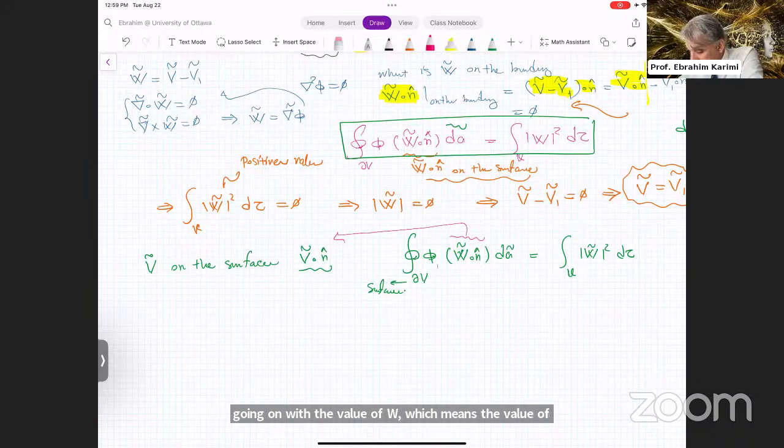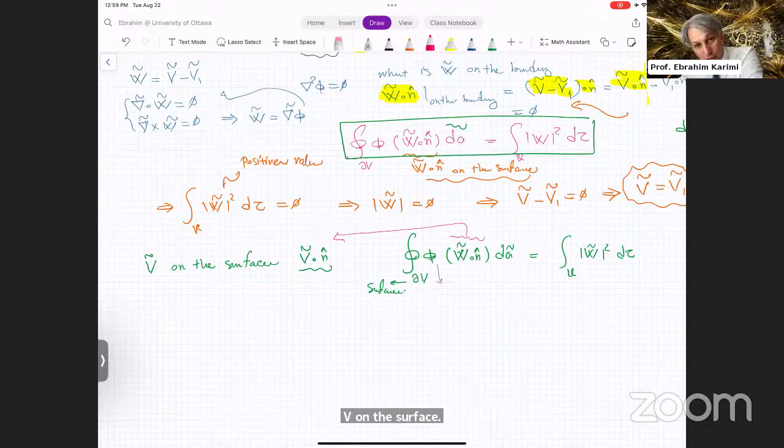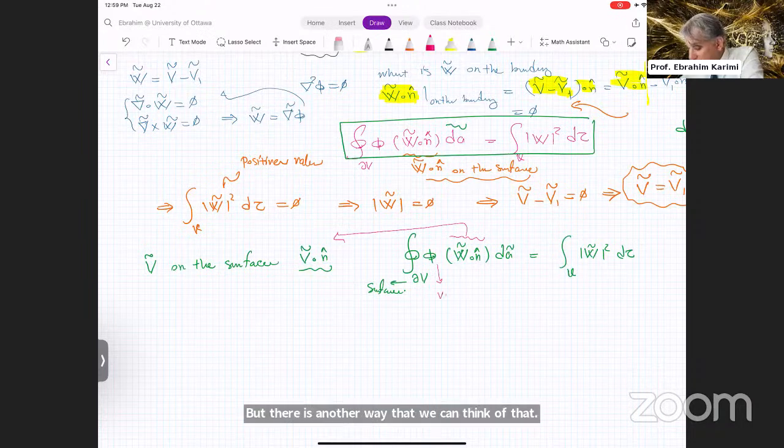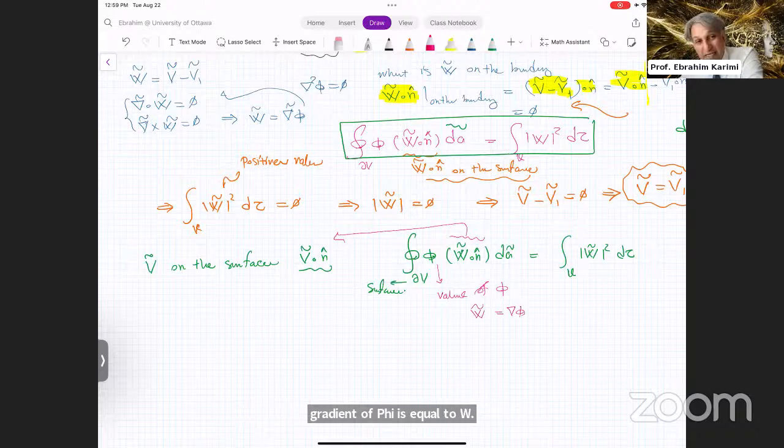But there is another way to think about it, which is the value of phi. Phi means that the gradient of phi is equal to W. So we need the value of the scalar potential, the scalar function, on the surface.